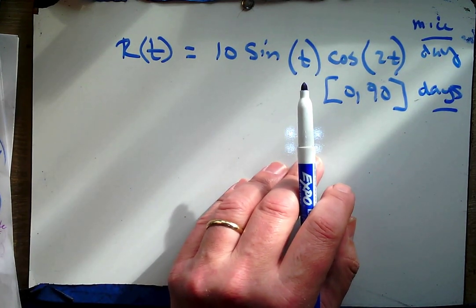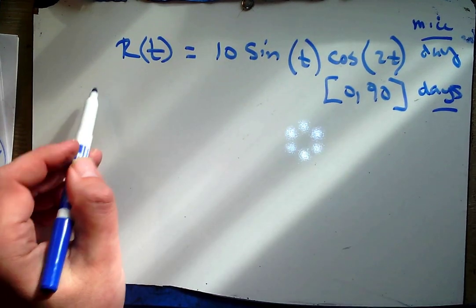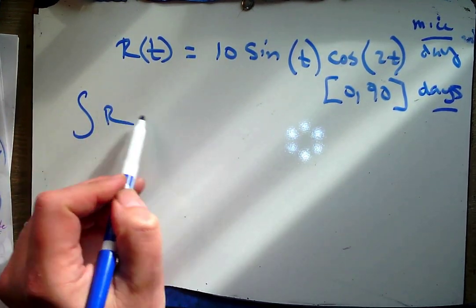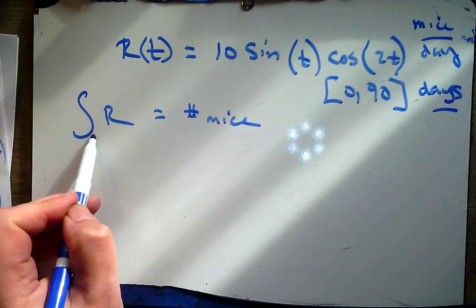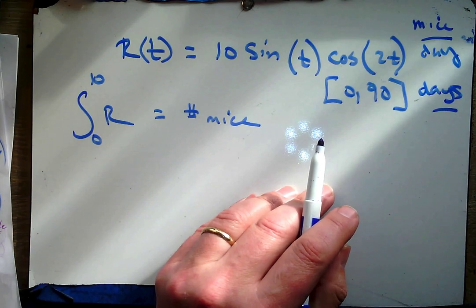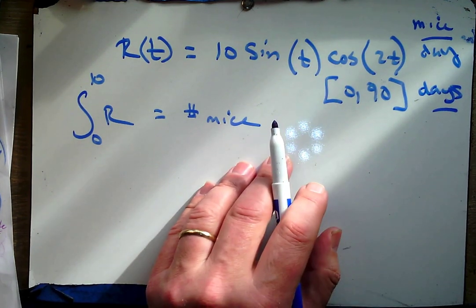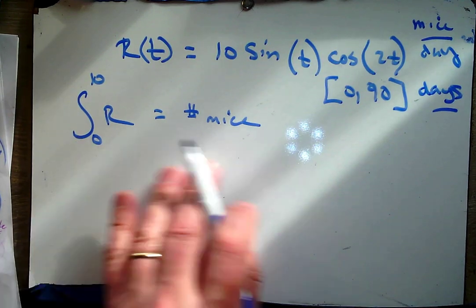How many mice will there be after 10 days? Part of me wants to say, well, if I just integrate that rate, I'm going to get the number of mice. If I integrate from 0 to 10, won't that be the total number of mice? Well, the problem is that I don't know how many mice I had at t equals 0.